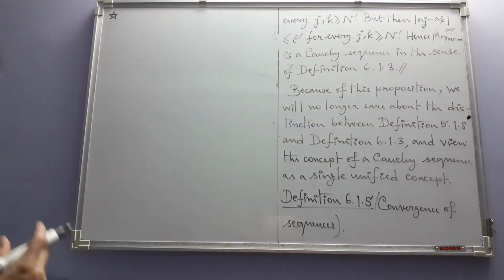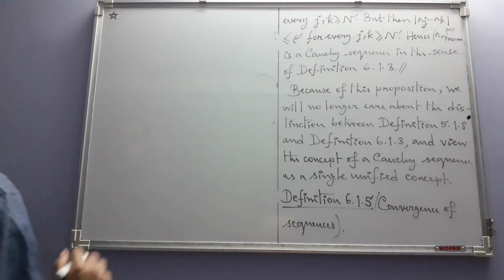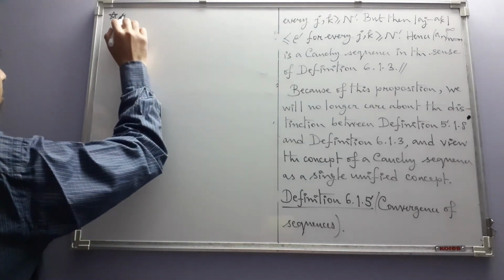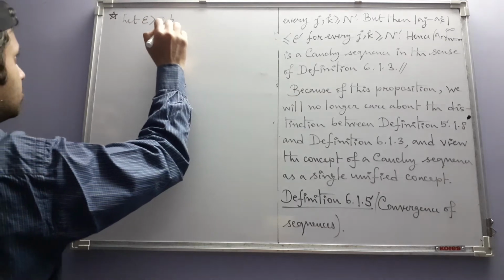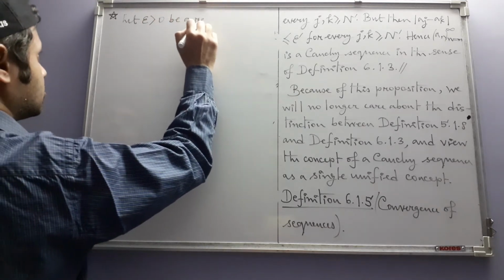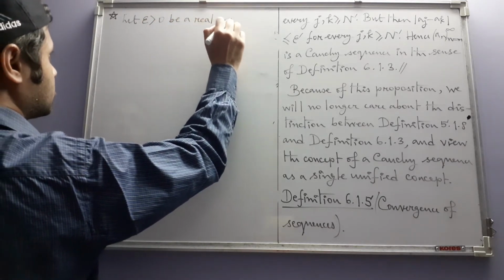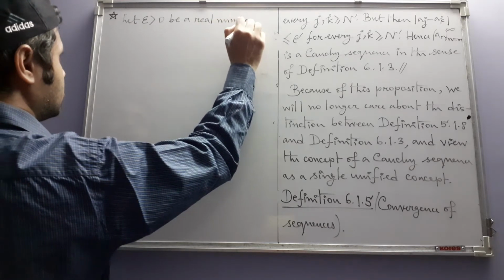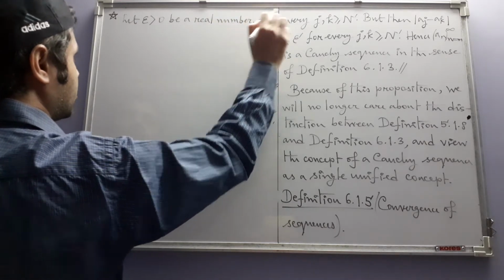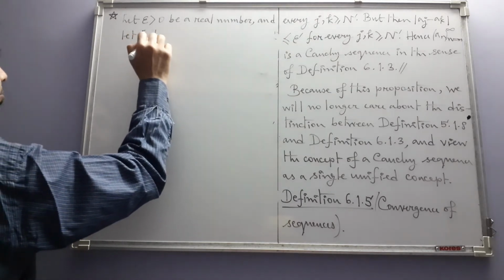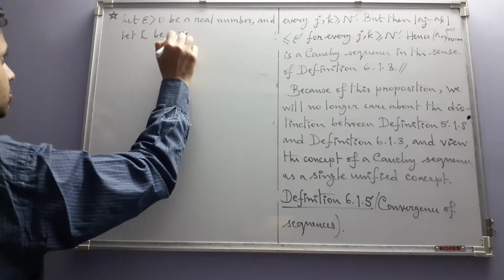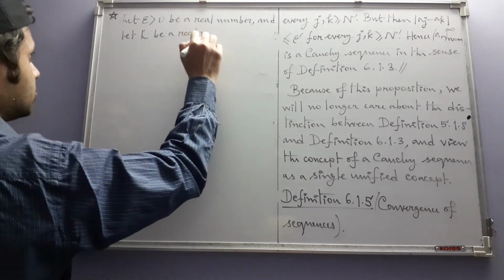Oh, this also has been done in steps. Okay, let epsilon greater than 0 be a real number and let capital L be a real number.